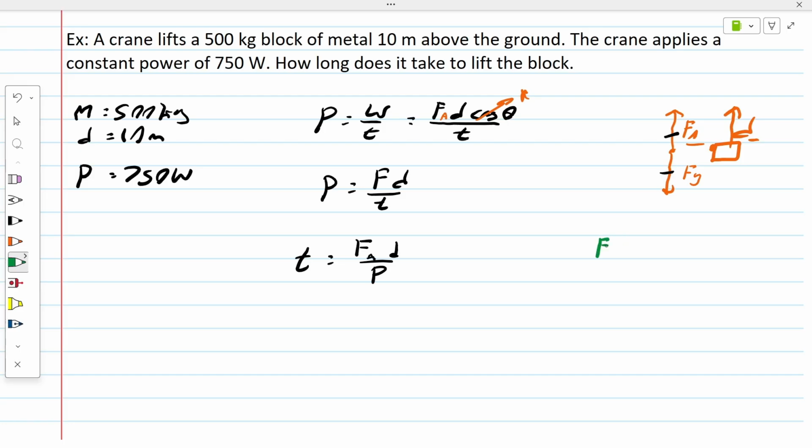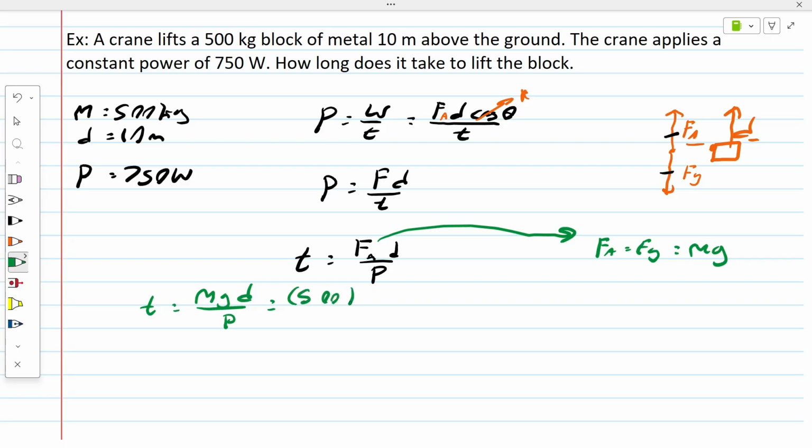So we can say force applied equals force due to gravity, and we know force due to gravity is just mass times gravity. And we have the mass and we know gravity because it's constant. So now we have all the variables needed, because we can plug mg into here using this equation, times distance over power. And so now we have all these variables. So we have the mass, we have gravity, we have the distance, and we have the power.